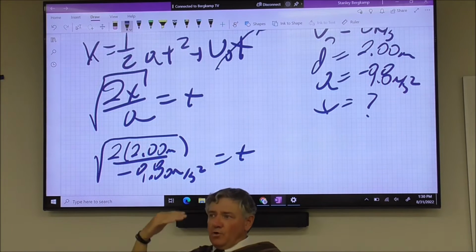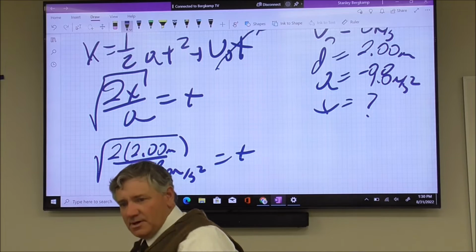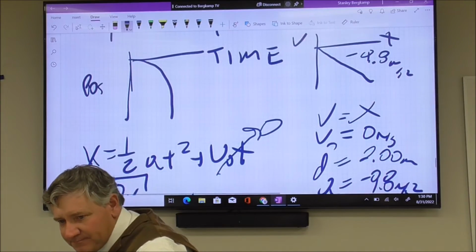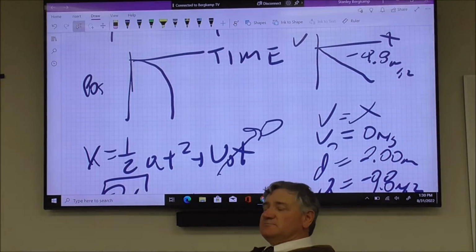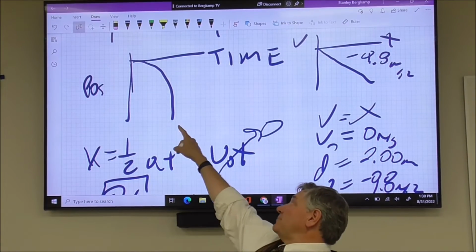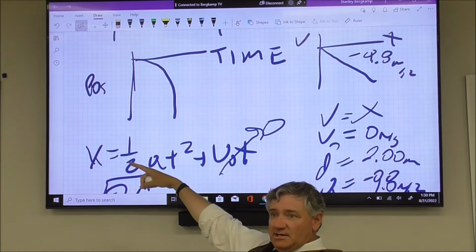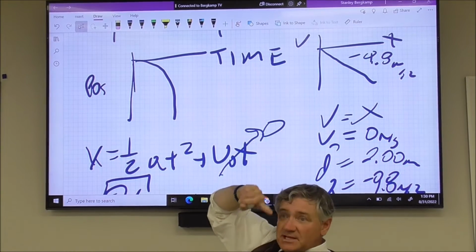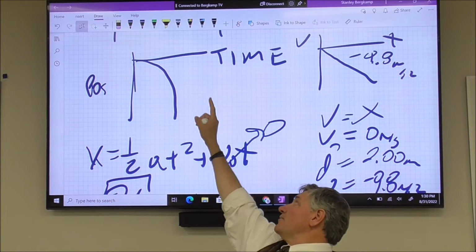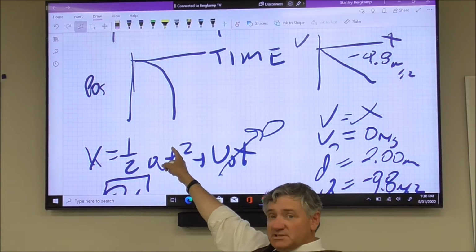Go back to that velocity time graph. That velocity time graph has a slope of negative 9.8 meters per second squared. My position time graph ends up at negative 2. So if you have that displacement as positive 2, that doesn't match with your position time graph.